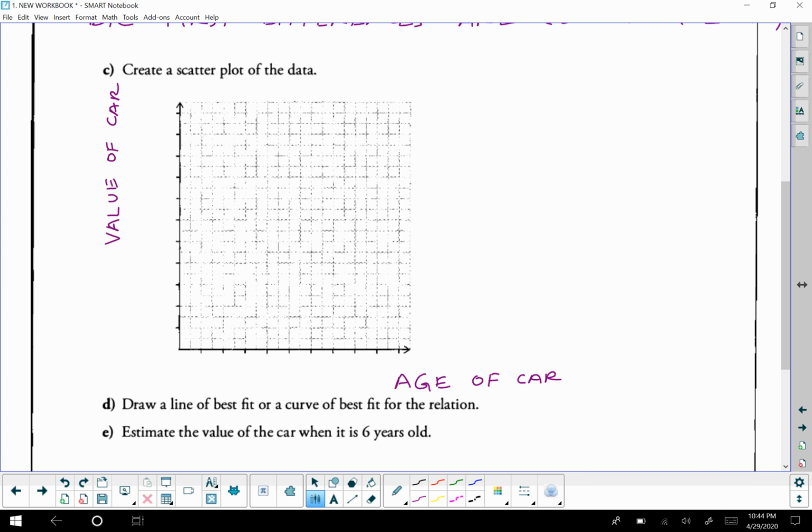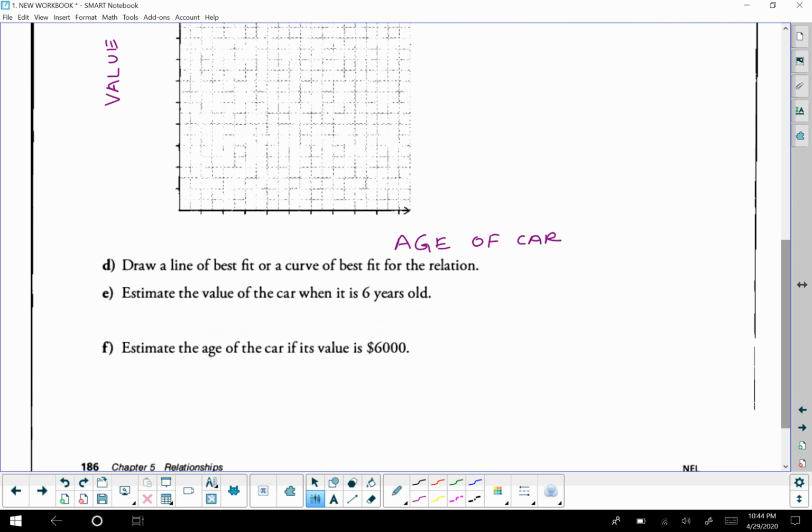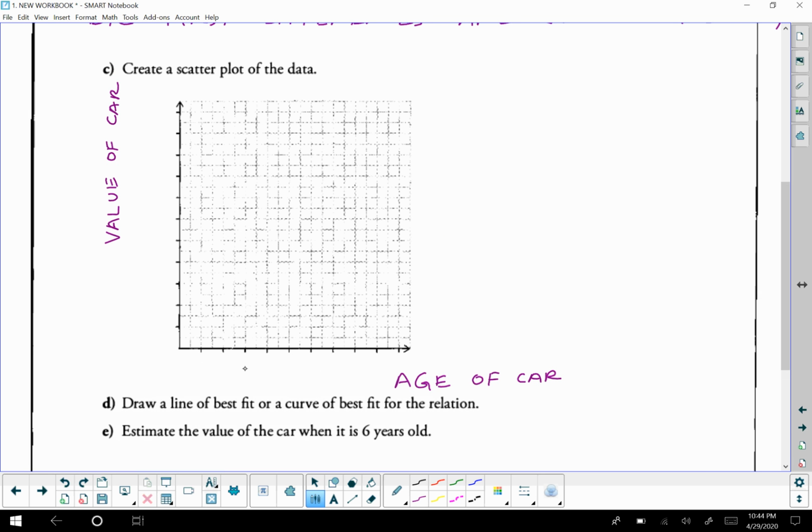All right, now we have to create a scale, but I do want to look at the questions that are following. It says estimate the age of the car if the value is 6,000 and estimate the value of the car at 6 years. Okay, so I'm going to try and fit 6 years here, which shouldn't be too difficult. 1, 2, 3, 4, 5, 6.